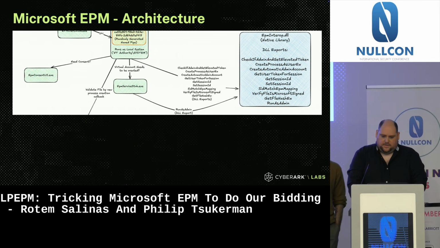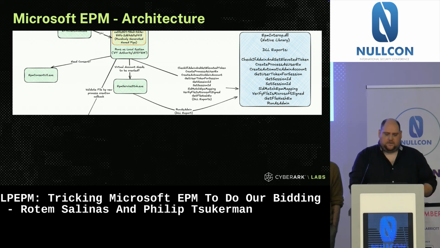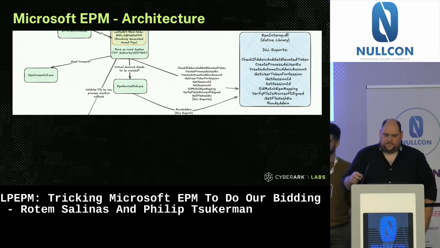Then, almost finally, we have the EPM service stub, which is also a .NET executable binary that's used when virtual accounts need to be created during the elevation process, and the EPM consent UI, which overrides the consent UI of the User Account Control with a dialog for EPM.